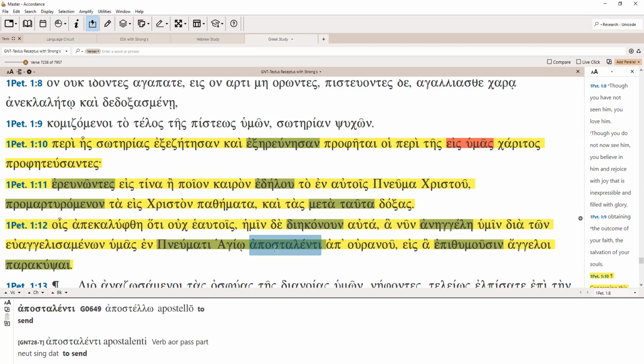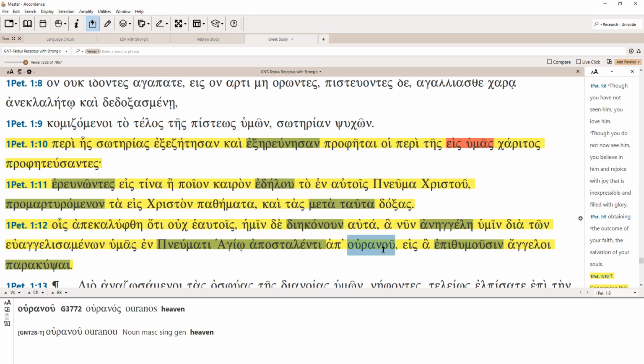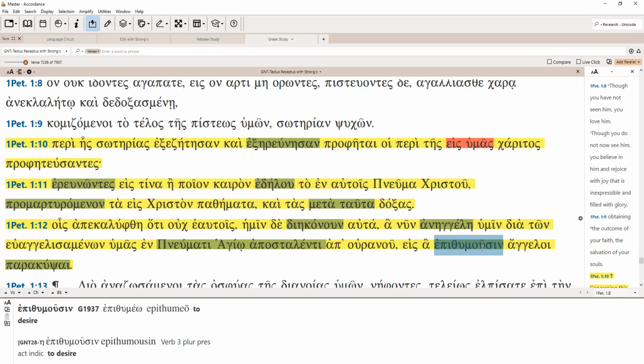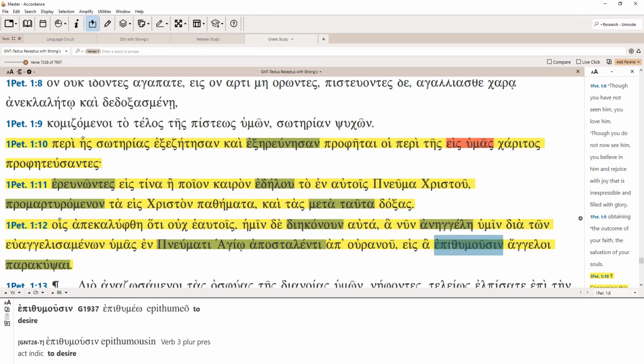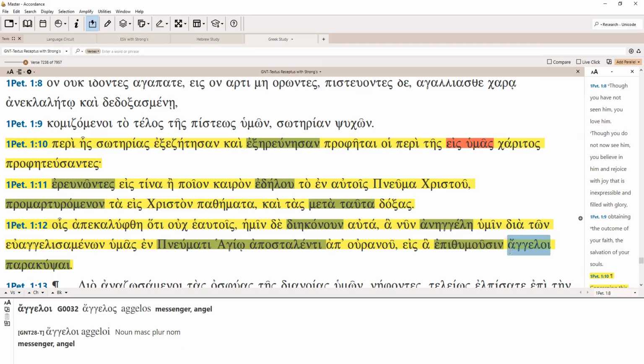Here we assume it as neuter because pneumati is neuter, which is sent ap' ouranou, so from the sky or from heaven. Is ha epithumousin, into these things, epithumousin, angeloi.